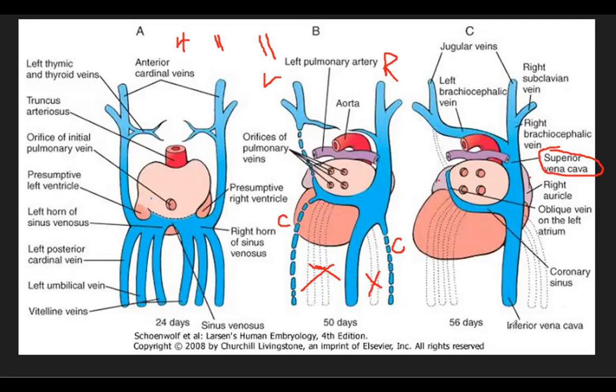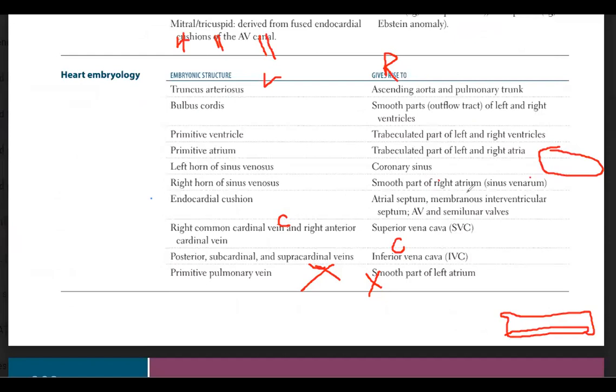Now, let's talk about the inferior vena cava. If we go back to our book, this point is cleared now that the right common cardinal vein and the right anterior cardinal vein, okay, and why are we saying common?